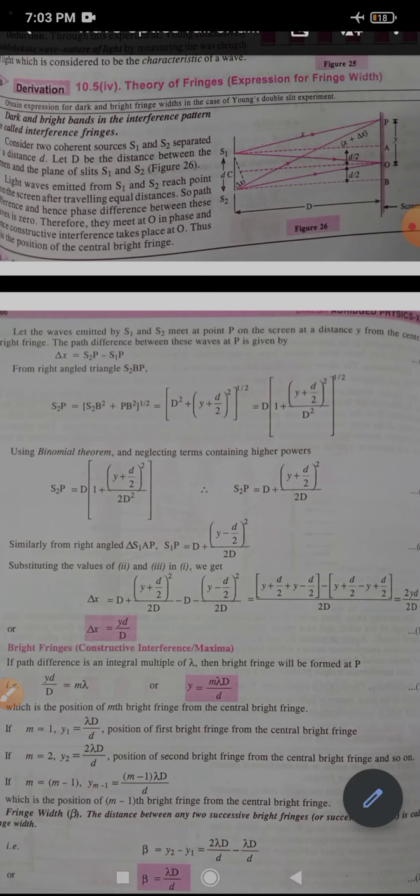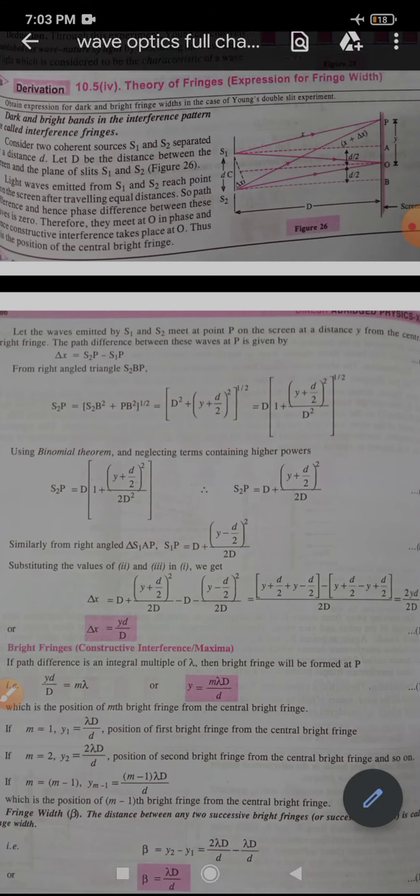Using the right angle triangle S2BP, we have S2P equal to (S2B square plus PB square) raised to 1 by 2.